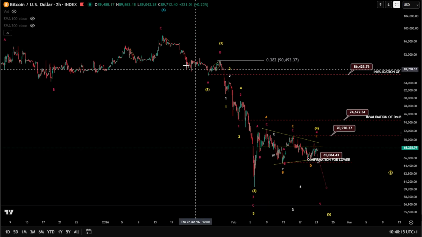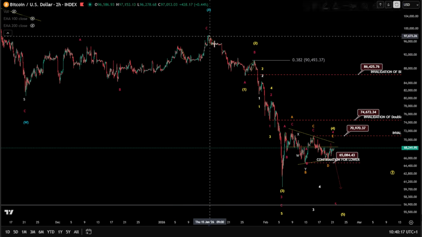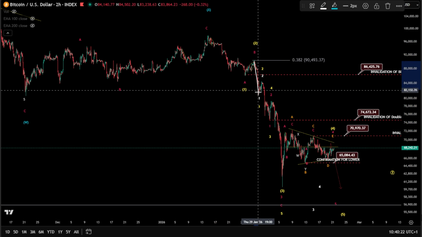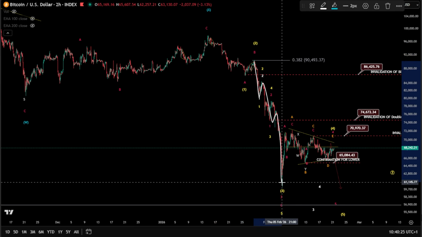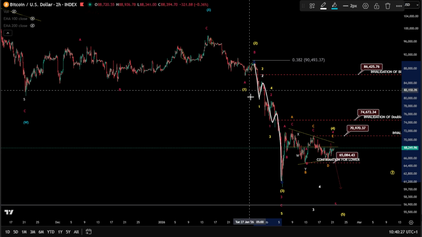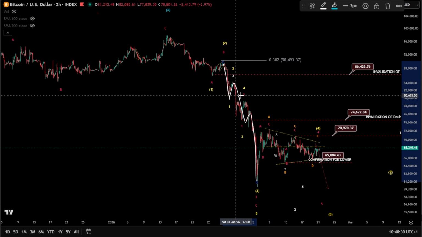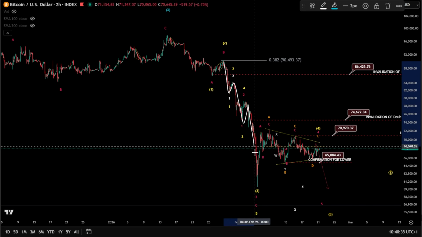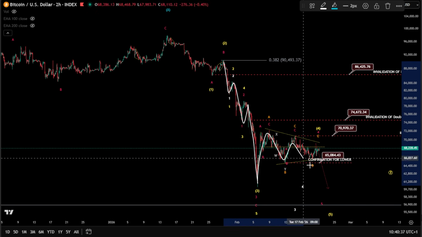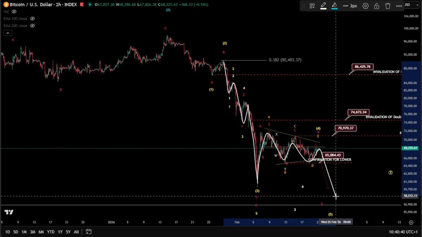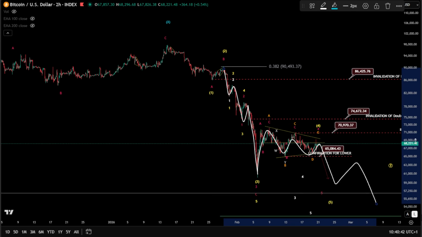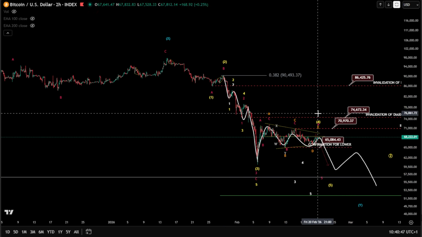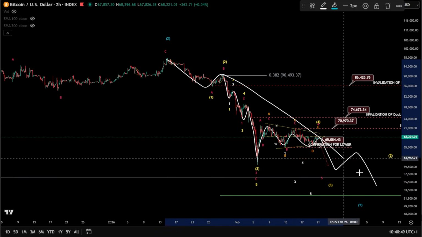So here in WXY, you have an A, B, and a C, right? The wave C can be finished as 1, 2, 3, 4, and a 5. Now, this is an impulse finished, right? However, you can run this impulse as 112 as well, and this is your wave 3, and this is a wave 4 there, and then you might have wave 5, 4, and a 5 to finish only one leg impulse, which can preserve an ABC, right?